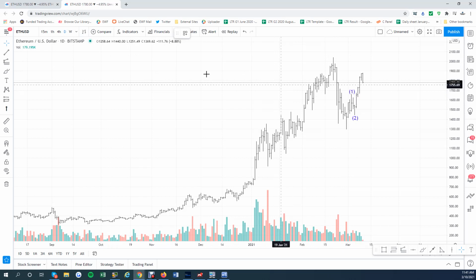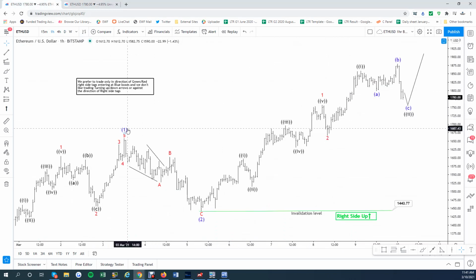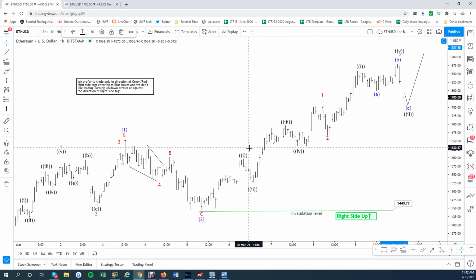Otherwise, for example, I could have labeled this instead of 1 2. I can label this as 1 2 3 4 5 here, like before, remember, I can label this 1 2 3 4 and then 5 ending wave 1.